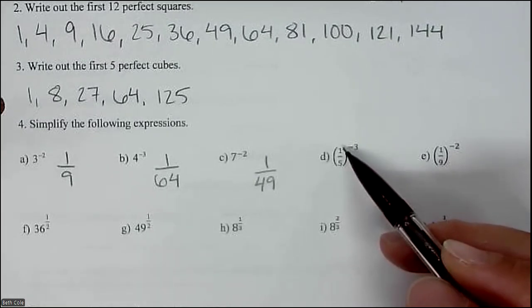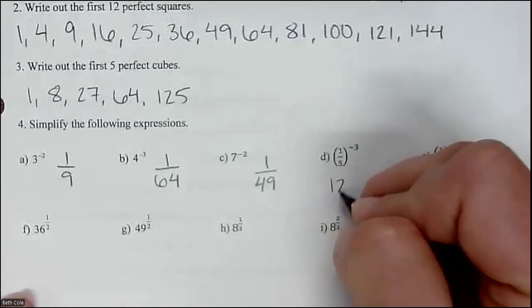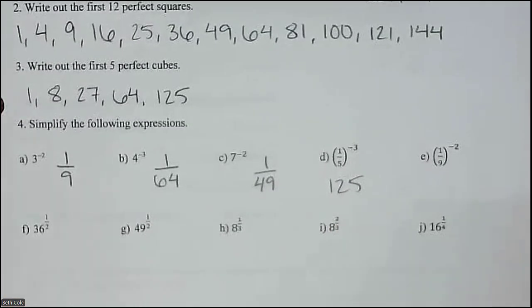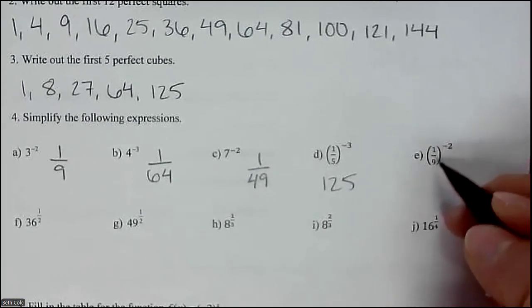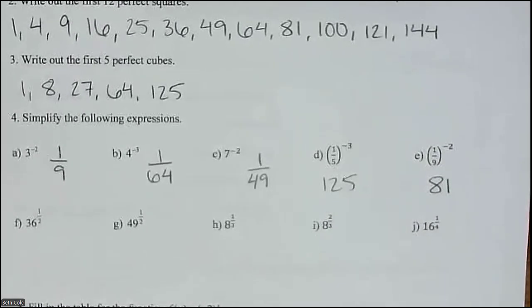So instead of a 1/5, it's actually just 5 cubed, which is 125. So when you have a fraction and then the negative, it's actually better because the negative sort of fixes it. So what do you think for this one? 81. So do not be scared of the negatives. It just means flip it over.